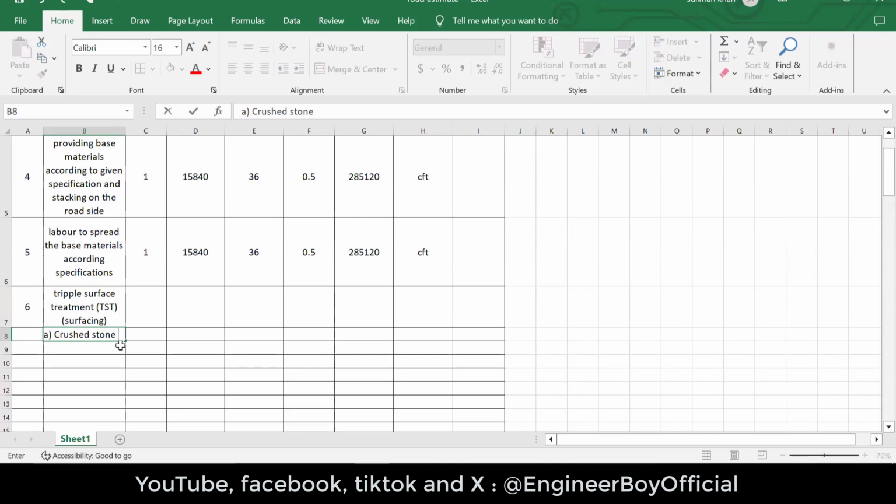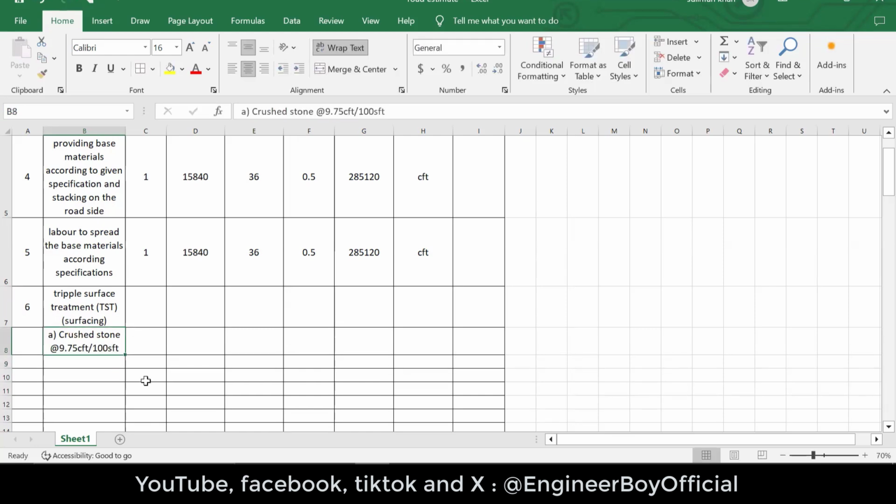However, let's say, according to specifications, we have 9.75 CFT, and we will have that per 100 SFT of work, okay? So let's say this is just the quantity of crushed stone, which means almost 10 CFT crushed stone should be used for 100 SFT road surface or maybe topping.